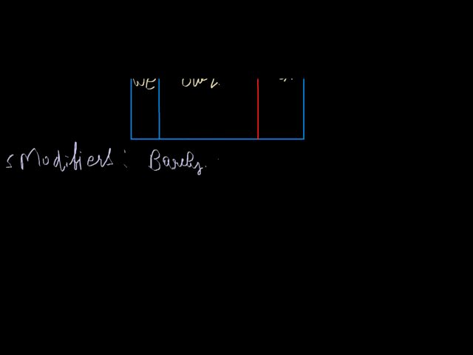So barely is used with ball. It has to modify the ball. It is used next to ball. So he kicked that ball barely 20 yards. So that will be right.